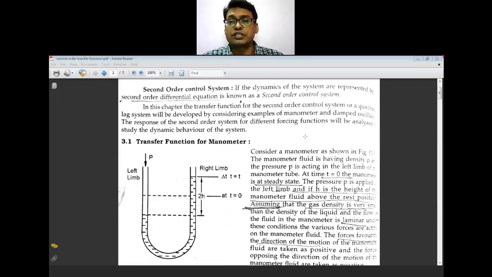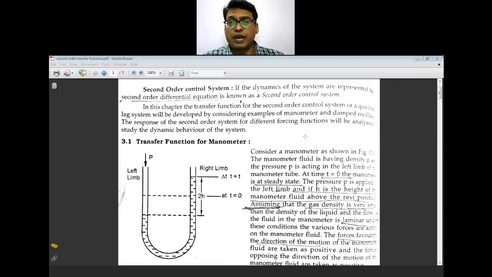For a second order system, the transfer function is 1 upon tau square s square plus 2 phi tau s plus 1.